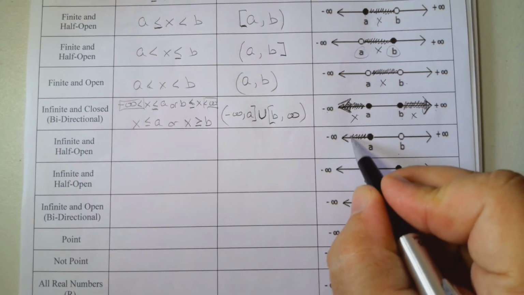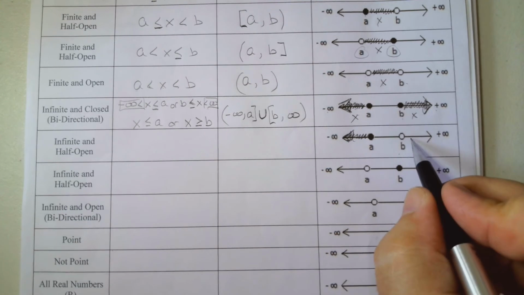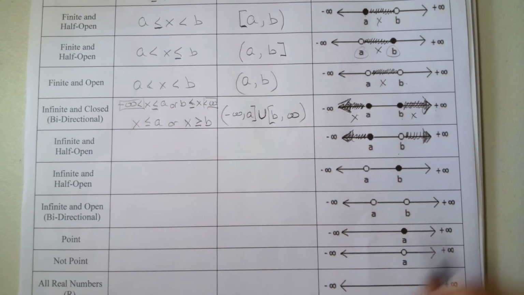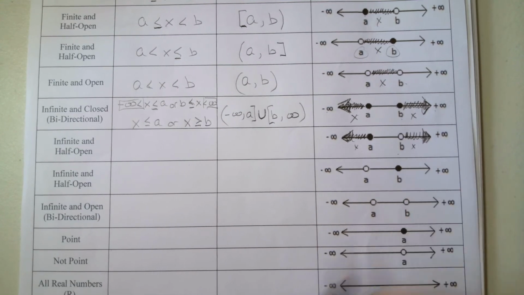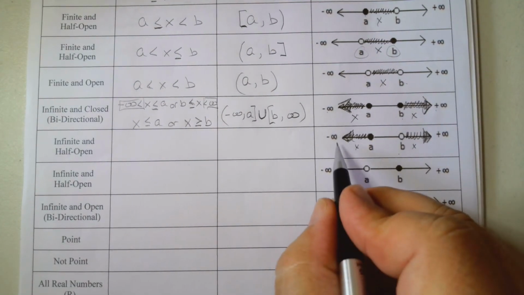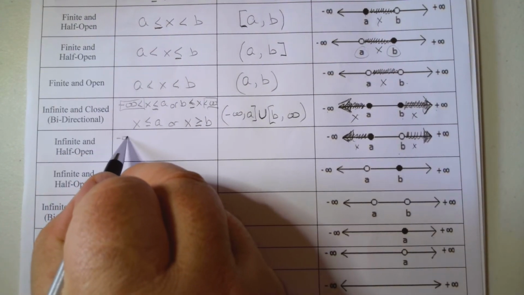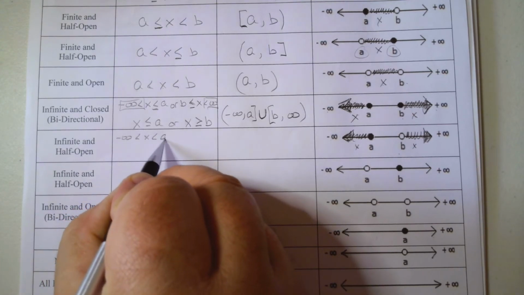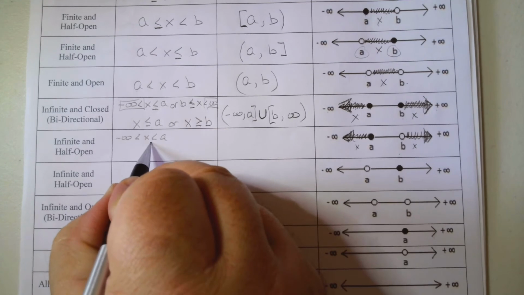Okay, the next one. Less than a and greater than b. These are our x's when we deal with set notation. So we're going from negative infinity less than x less than a. A is solid, so it's a line underneath it.